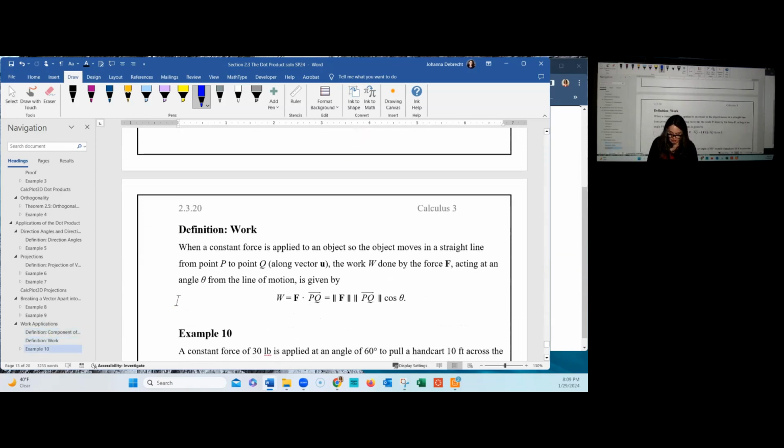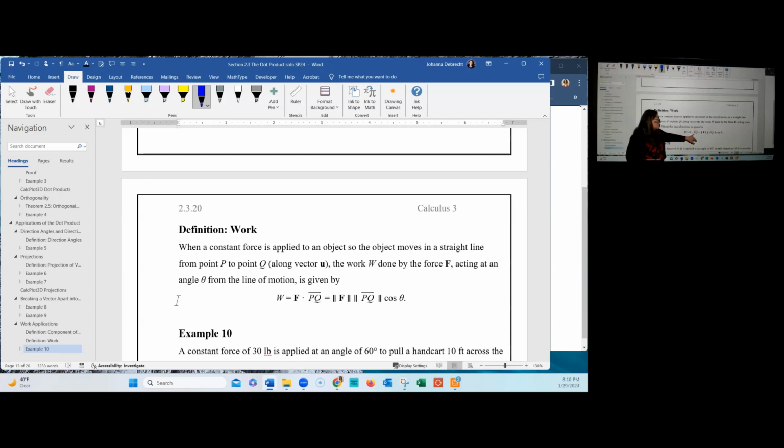Now, the work done, of course, is normally the force applied in the direction of motion multiplied by the distance moved. In this case, the force applied in the direction of motion is the component of the force in that direction along that direction vector. And then we have to multiply by the distance moved.